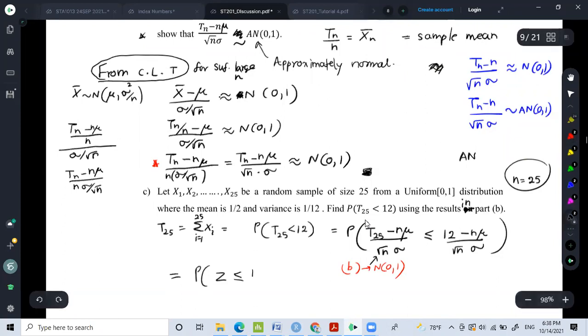density, less than 12 minus what is n? N is 25, mean is 1/2, divide by square root of n, which is square root of 25, sigma is 1/12. Right? So can you do this one for me? Tell me the number you get.